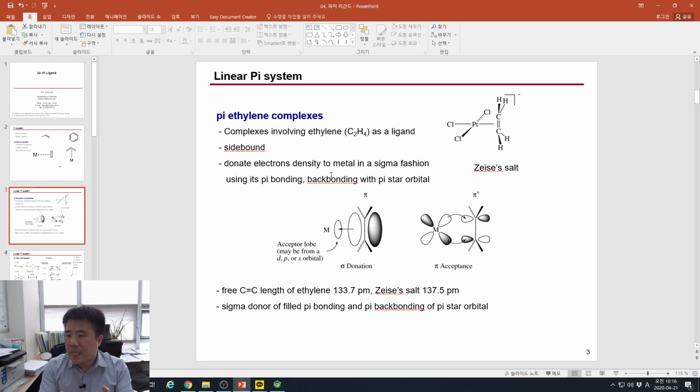Okay, let's talk about the linear pi system. The first example of a pi complex is Zeise's salt. If you look at Zeise's salt, you can see platinum here and ethylene gas is here. Ethylene gas coordinates to platinum, like this.